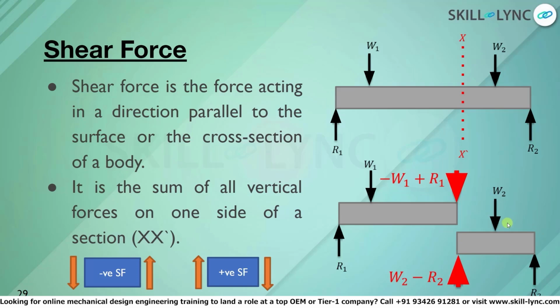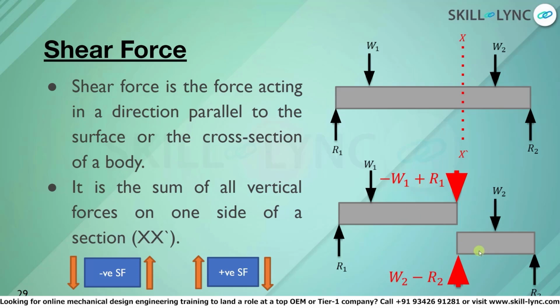Thus, if we were to calculate the shear force for the left side of the beam, we can calculate it to be minus W1 because it is a downward force on the left side, plus R1 because it is a positive force on the left side. Thus, the shear force for the left side of the beam is minus W1 plus R1.